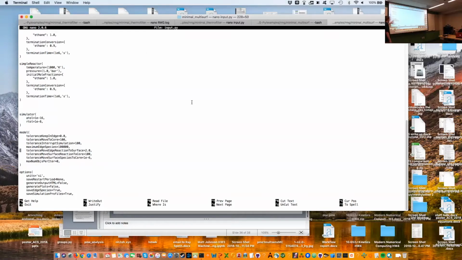And then we have one tolerance for moving edge stuff, the reactions in the edge, to the surface, to the unimportant species in the core. I'm just demonstrating what's in the file, going through that.